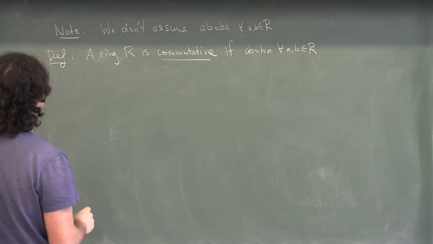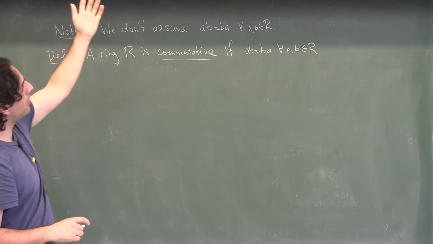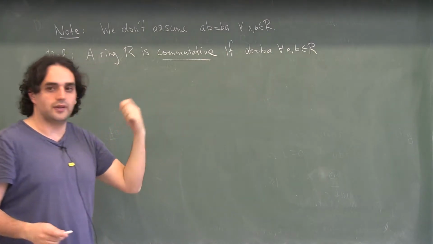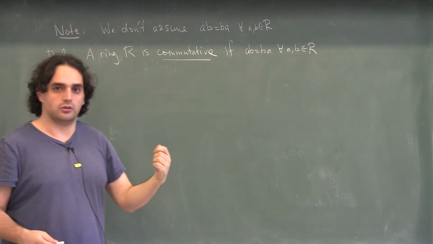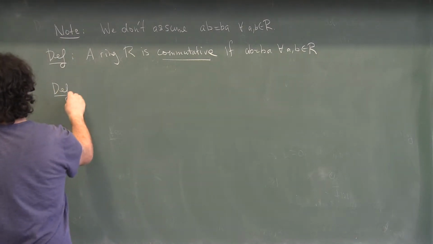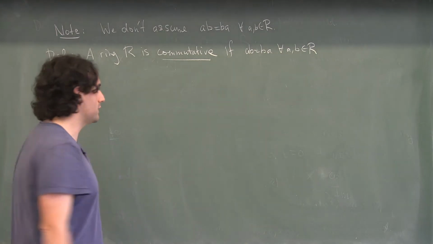Okay. Another thing is we have not assumed that there is an element which is an identity for the multiplication in R. But let's define what this means, and then we will assume from now on that this always exists.